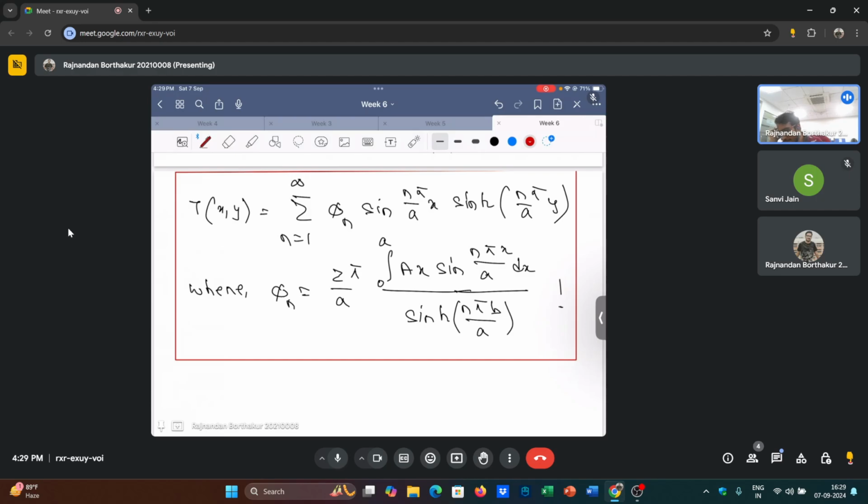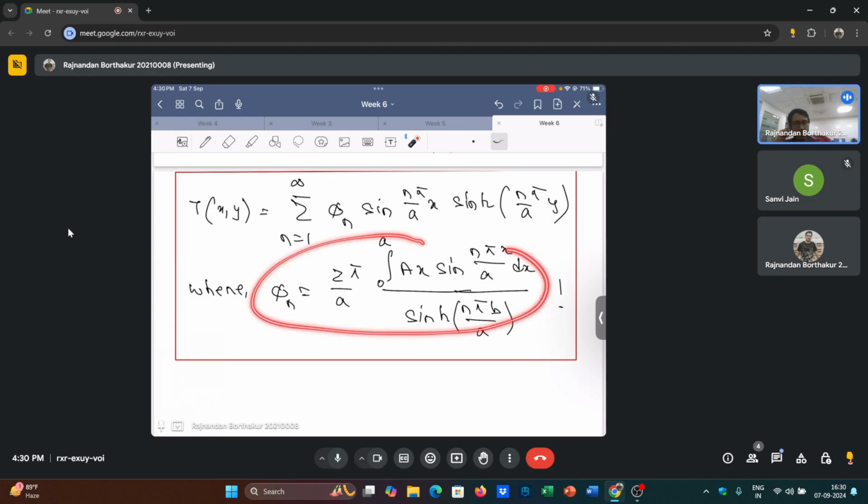Okay. Remember, this sine hyperbolic n pi b by a is just a constant. There is no dependency of y here. The only dependency arises from the term sine hyperbolic n pi by a into y. So all I'm saying is that this phi n is basically a constant.